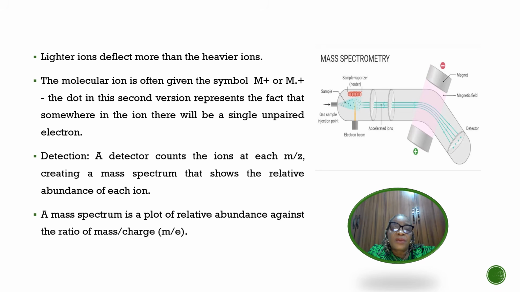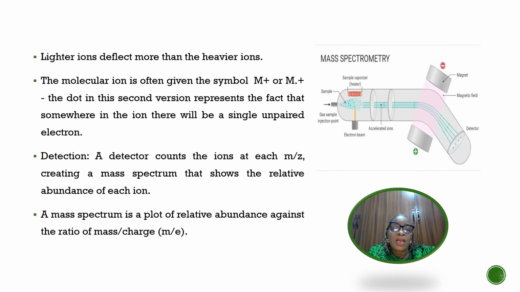Each kind of ion has a particular mass to charge ratio value. For most ions, the charge is 1, and thus the m/z ratio is simply the molecular mass of the ion. Lighter ions deflect more than the heavier ions.